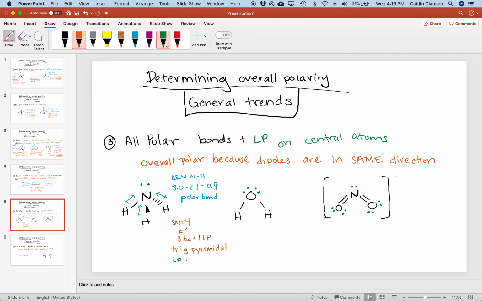Lone pairs push bonds closer, and so we are now less than 109.5. We are not truly opposite for the bonds. If we're not truly opposite, it means we're actually kind of going in the same direction, up towards the nitrogen. So the overall polarity is going to go up towards the nitrogen.